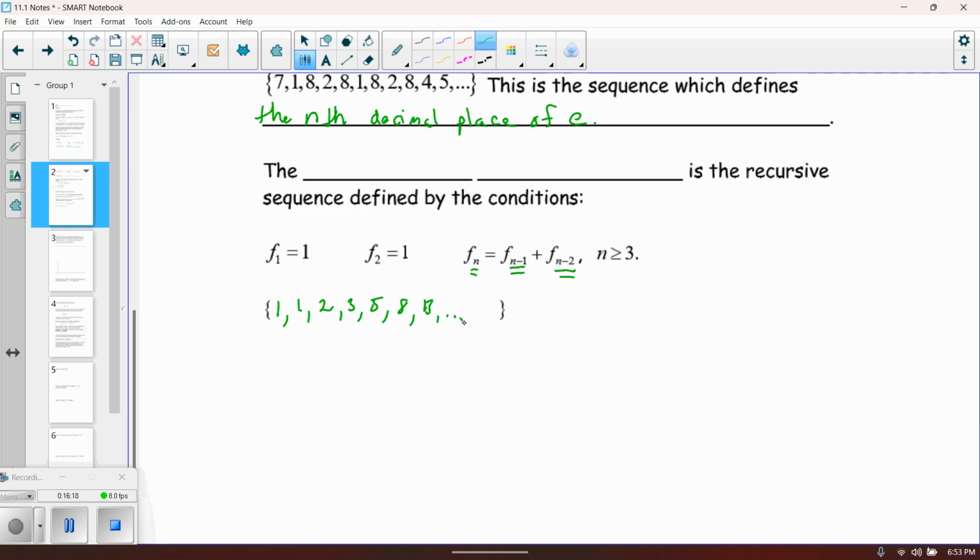And some of you may already have recognized what this is. Again, it is a very, very common sequence. It actually is a very interesting one in the fact that this actually occurs in nature all over the place. If you don't believe me, look it up. It's very interesting. This is known as the Fibonacci sequence.